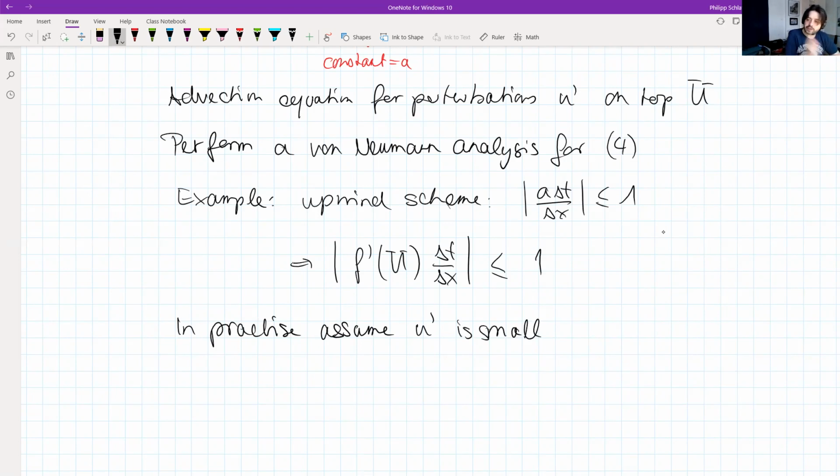So I'm looking at a small perturbation as compared to the base state. And that would mean that this f prime of capital U would be close to f prime of u plus u prime, because u prime is small. And that in turn would be the same as f prime of my actual solution.